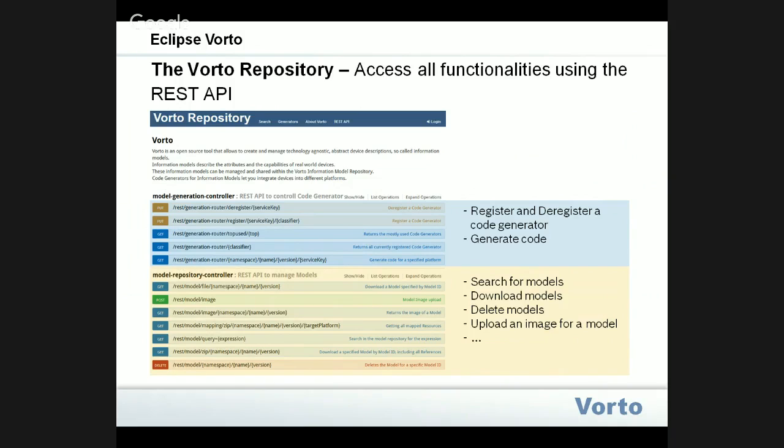In this case, it might make sense to contact the Vorto repository, browse the repository, and download a specific model, which afterwards allows a communication with this device. So you have some kind of runtime scenario and not only a design time scenario. So that is one reason why we said, okay, it makes sense to integrate these functionalities into the Vorto repository.